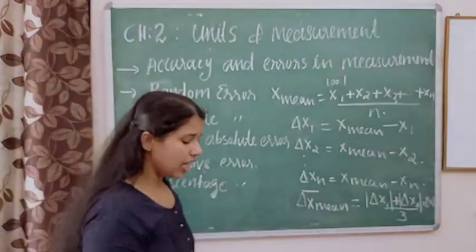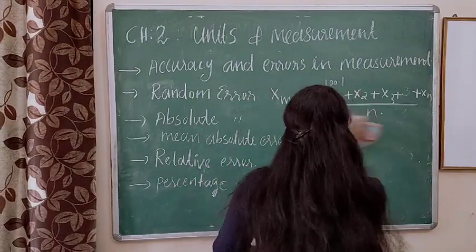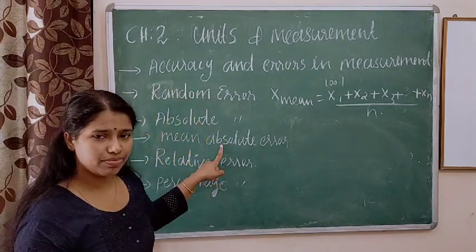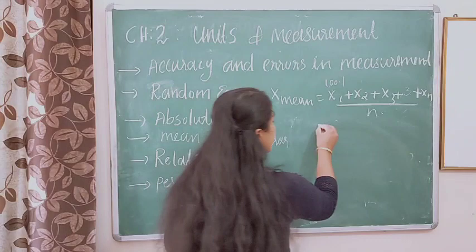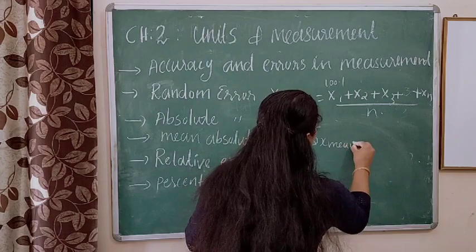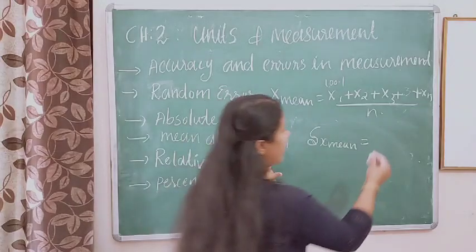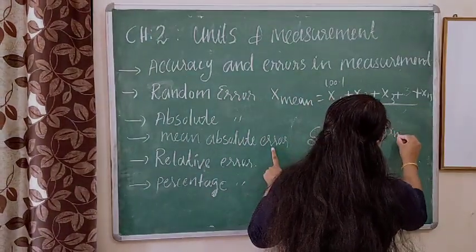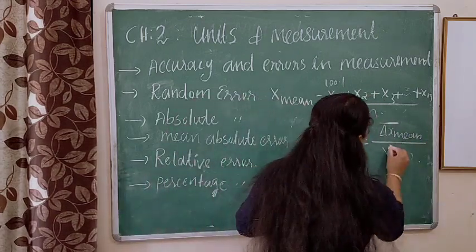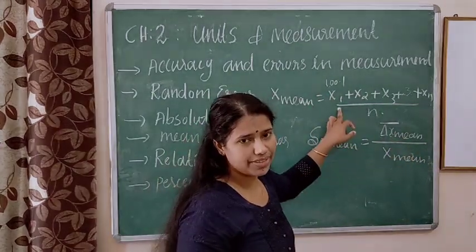The next one is relative error. Relative error is the ratio of mean absolute error to the true value. Delta x mean bar divided by x mean, which we calculated from the first.